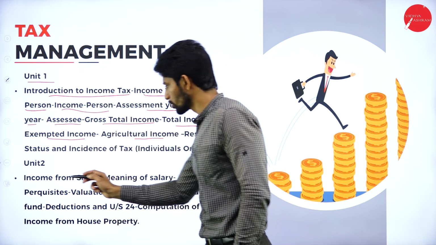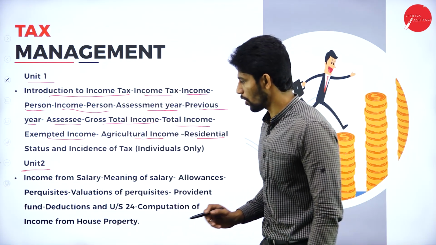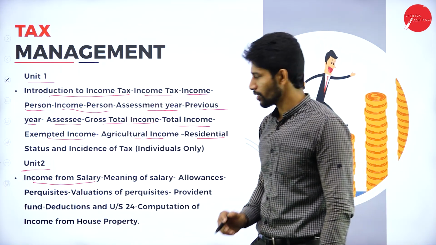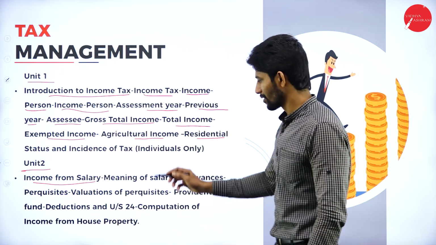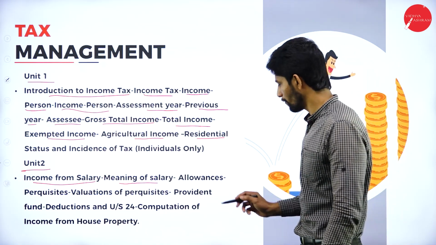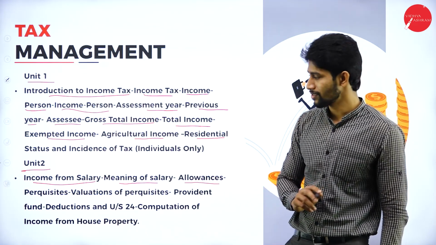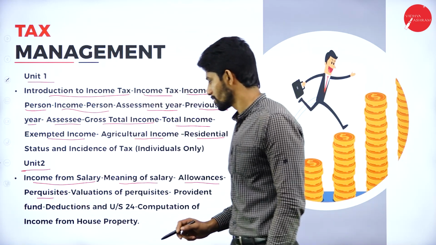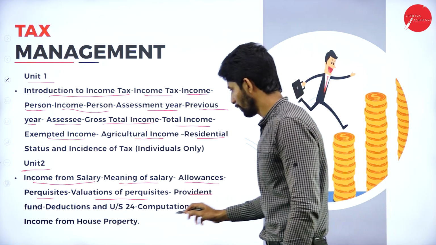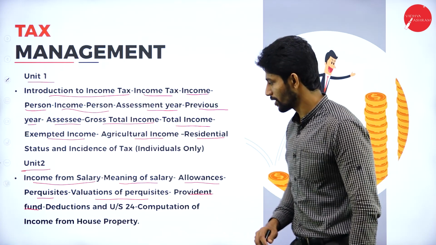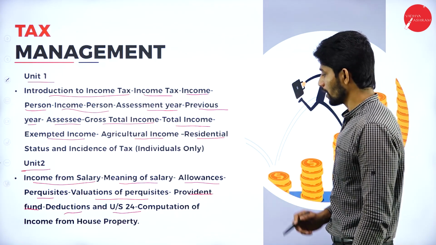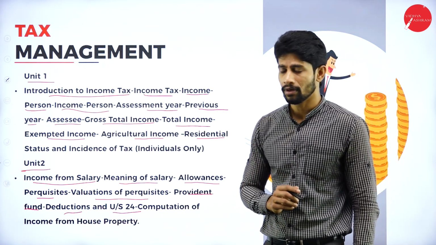Next, moving on, Unit 2. It's all about income from salary. In this unit, we will be studying the meaning of salary, the meaning of allowances, the meaning of perquisites, valuation of perquisites and provident fund, the meaning of provident fund, and deductions under Section 24, computation of income from house property.